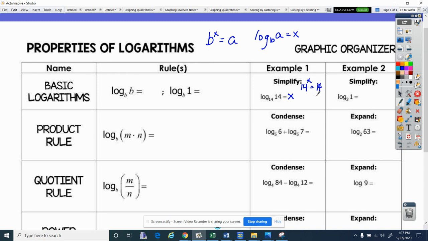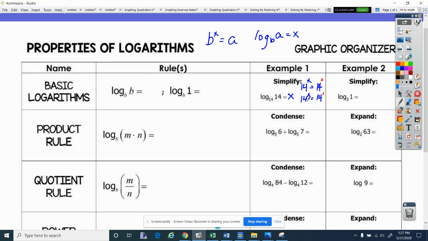And now all we need to do is figure out what goes up here. What's that exponent? 14 to the what gives me 14? Well, 14 to the 1, so I have 14 to the 1 gives me 14. So here, remember, I'll have 14 to the x equals 14 to the 1.